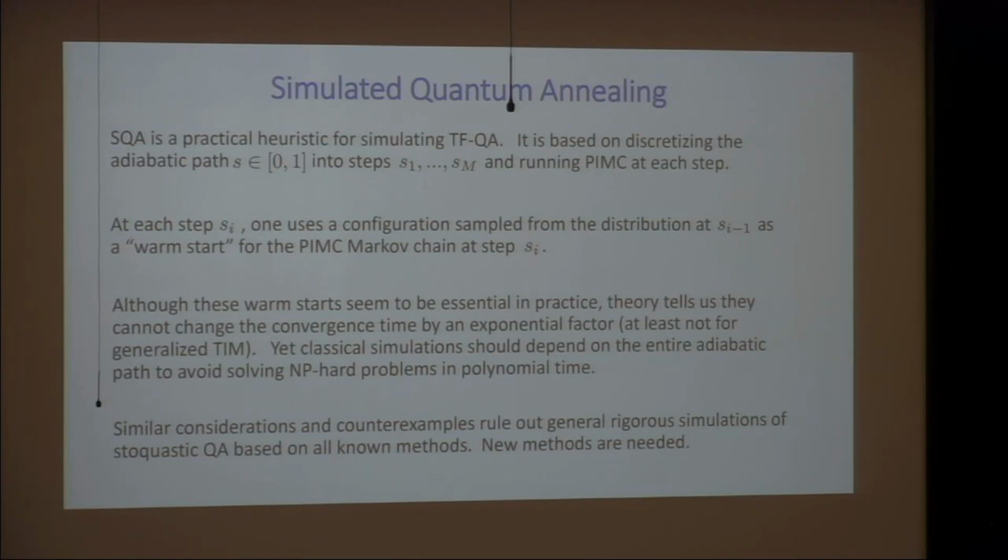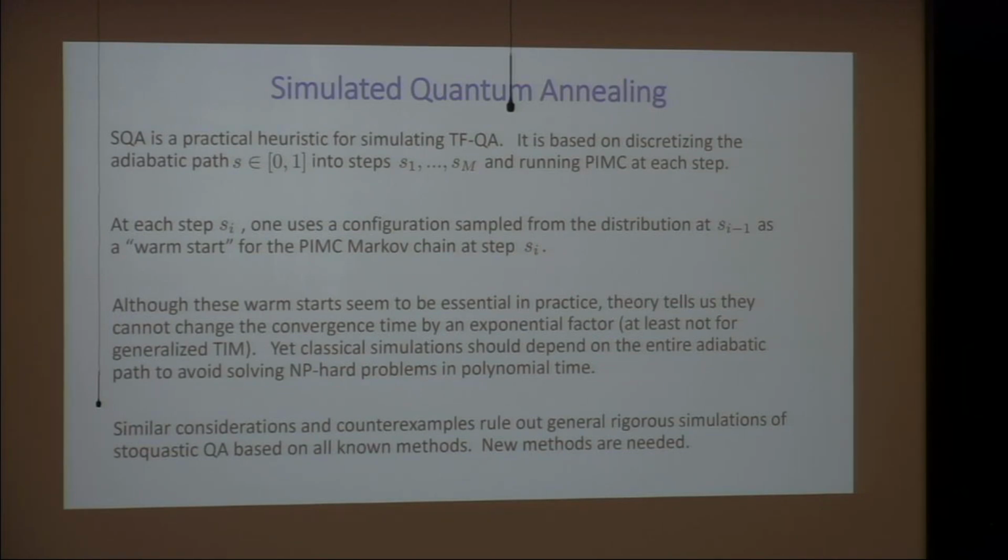So what changes with simulated quantum annealing is that at each step si, you want to use a configuration sampled from the distribution at the previous step as a warm start, as a starting configuration for the path integral Monte Carlo, PIMC Markov chain at the current step si.